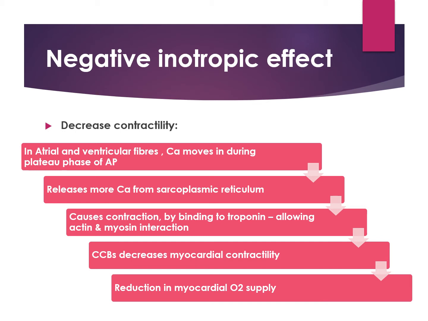This leads to release of more calcium from the sarcoplasmic reticulum, and this results in contraction by binding to troponin, allowing the actin and myosin interaction. Calcium channel blockers, as they block the movement of calcium, decrease the myocardial contractility, and additionally they lead to reduction in the myocardial oxygen supply.